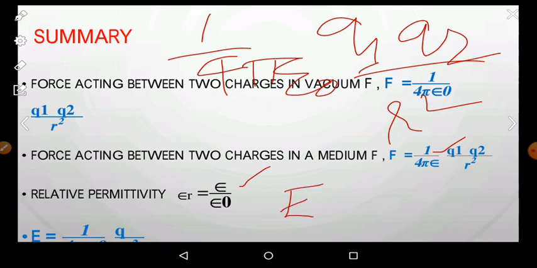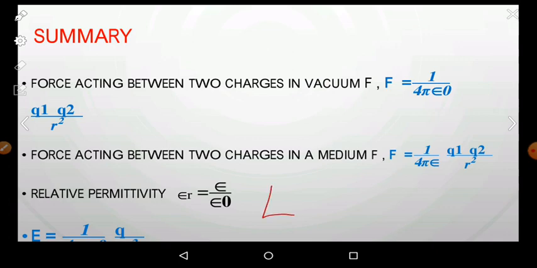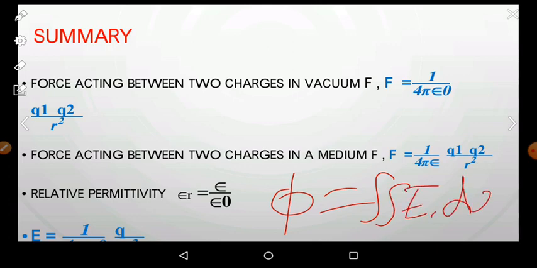Intensity of electric field equals phi divided by A. Intensity of electric field is nothing but the force acting on unit positive charge, F divided by q naught, and the relation between intensity of electric field and flux is phi equals surface integral E dot ds.